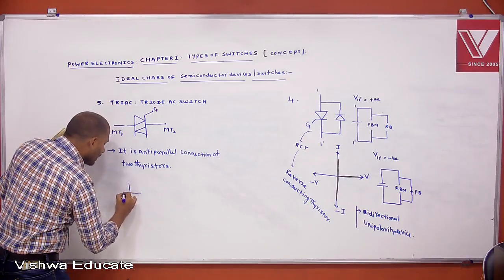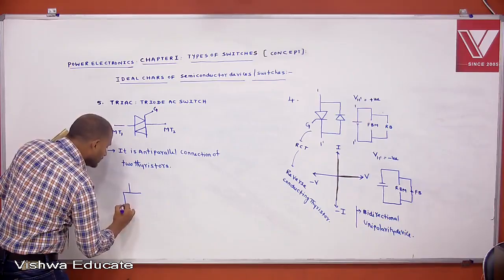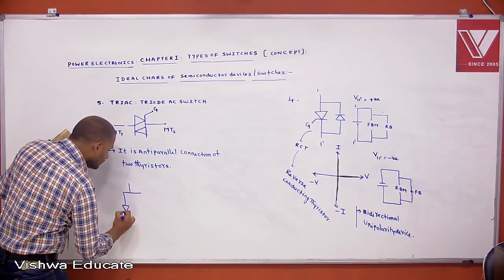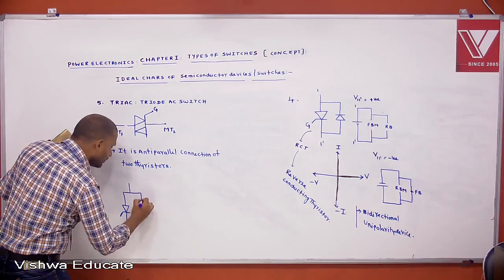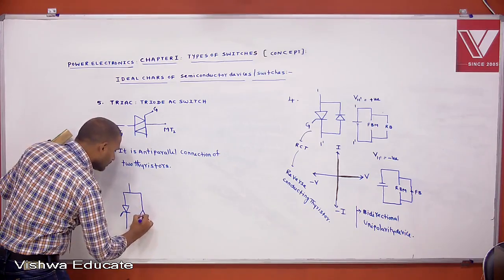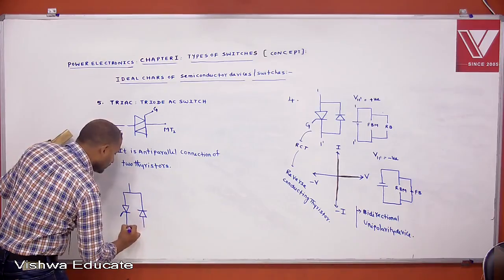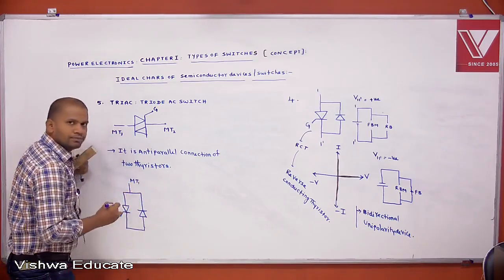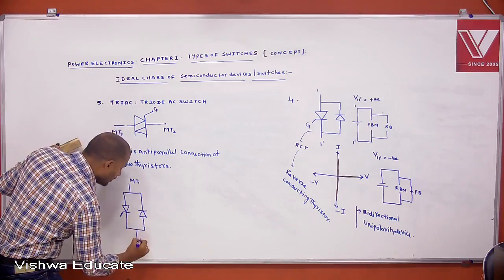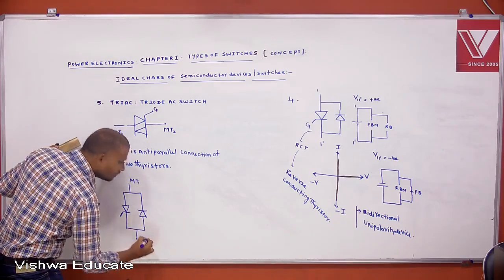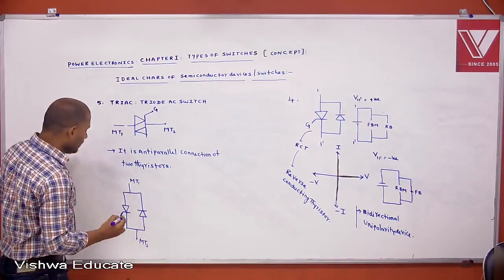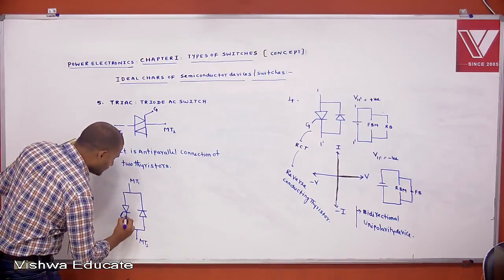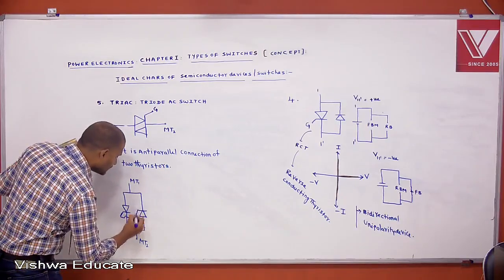This is MT1, main terminal 1, and this is MT2, main terminal 2. Then the gate is internally connected like this.